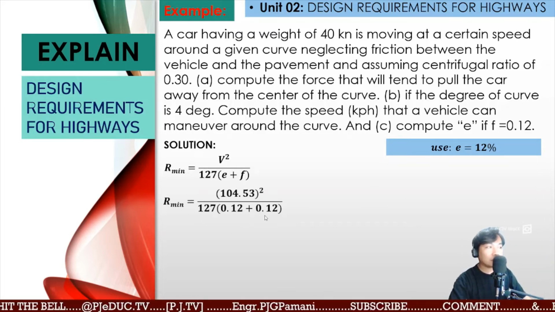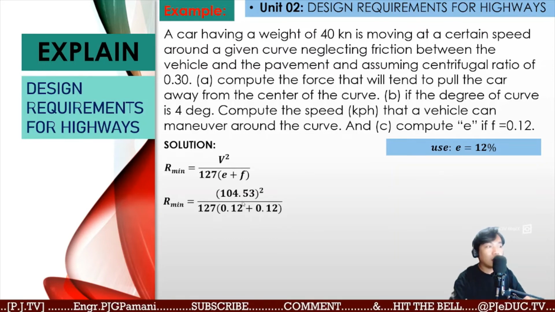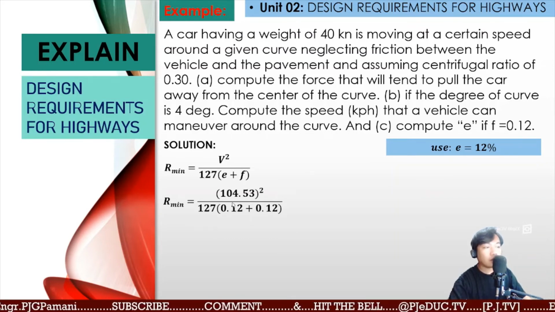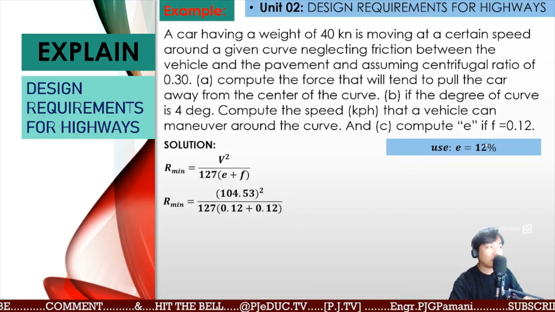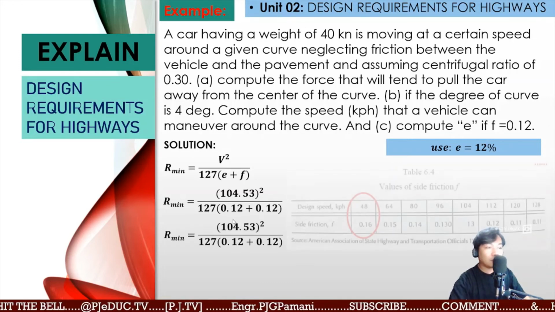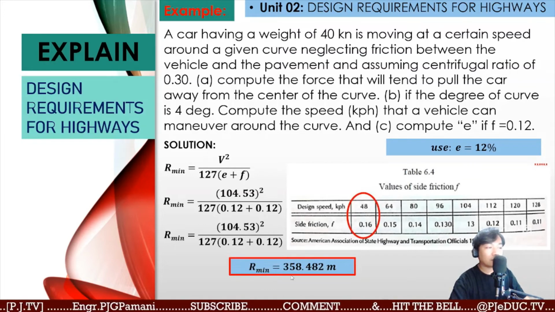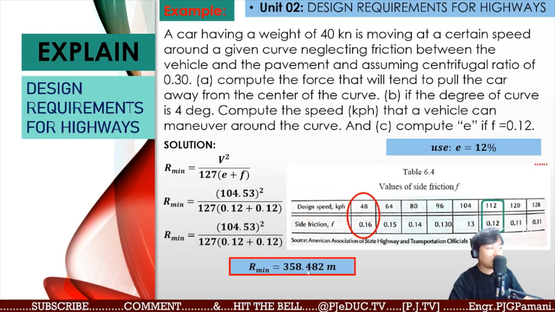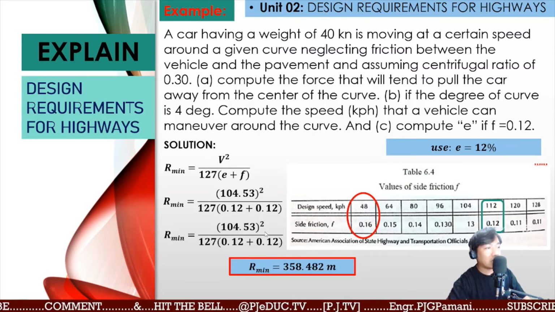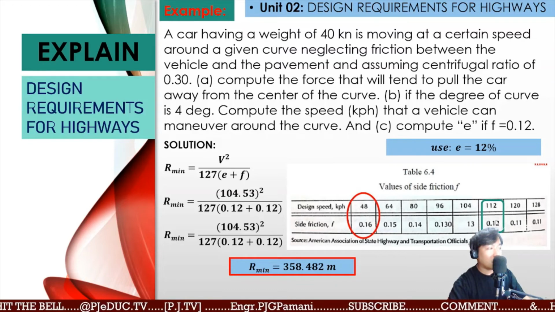Revising the minimum radius of curvature if the design speed is 104.53 kph, then squared over 127, the friction is given as 0.12, revised super elevation value of 12%. Recomputing the minimum radius gives us a minimum radius of curvature of 358.482 meters at a design speed between 104 and 112.